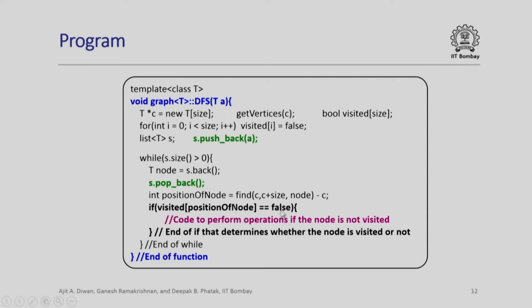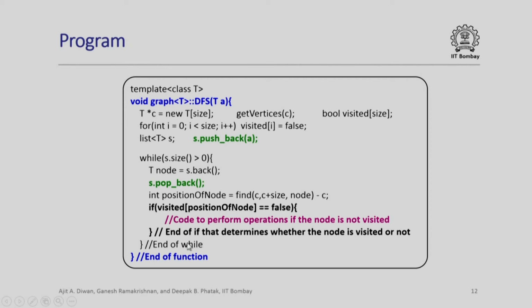That means this node has not been visited. Now you will see the importance of using this boolean array visited. This is the main purpose, to keep track of whether a node has been visited or not visited. Now if the visited is false, that means the node has not been visited. I need to write code to perform operation which is as per the DFS logic.